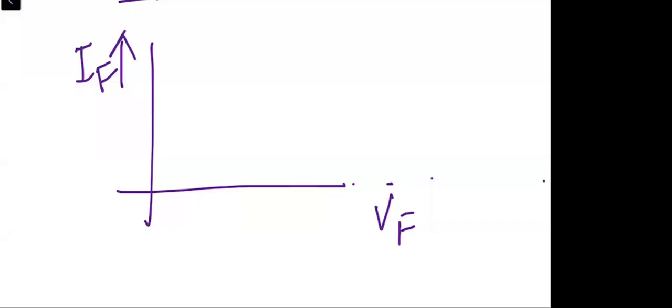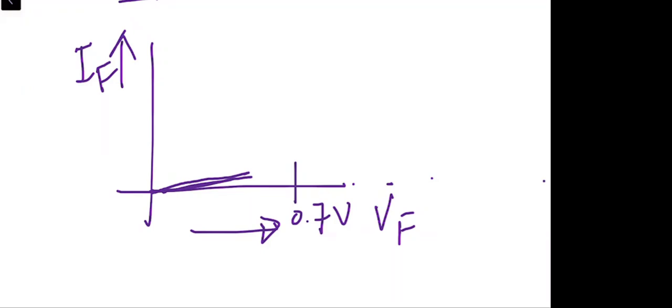First, when we increase the voltage across the diode, if the diode is made of silicon, then before 0.7 volts a very small amount of current will be flowing, next to negligible, because we have not crossed the barrier potential, so almost no current is flowing.